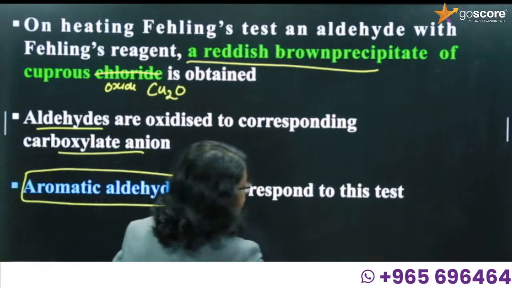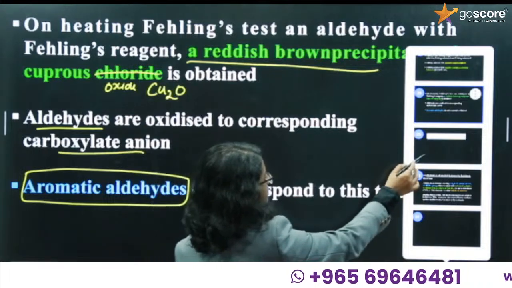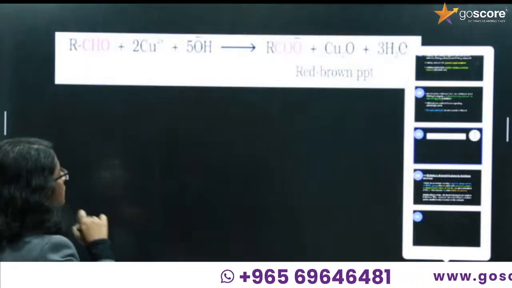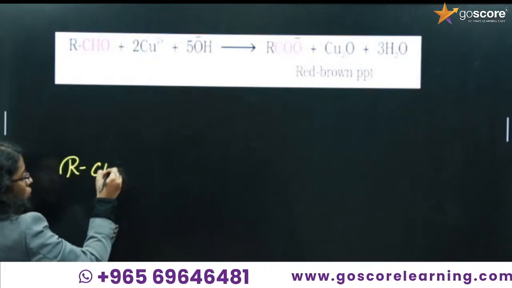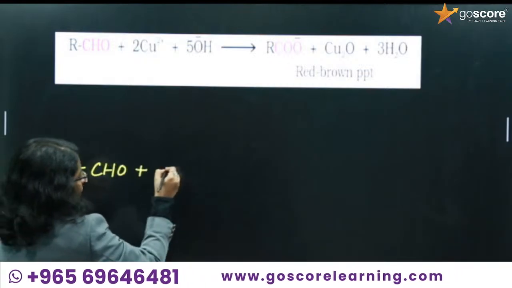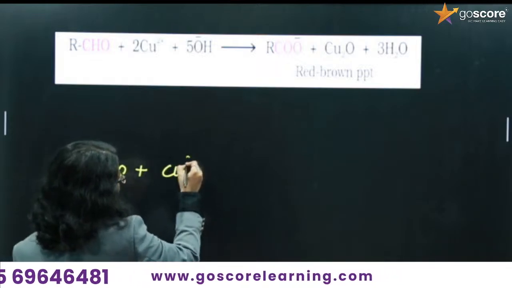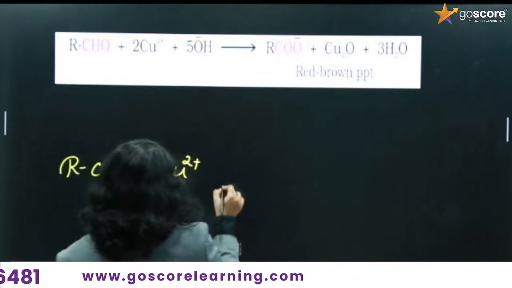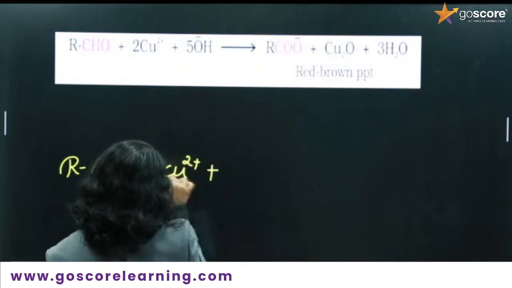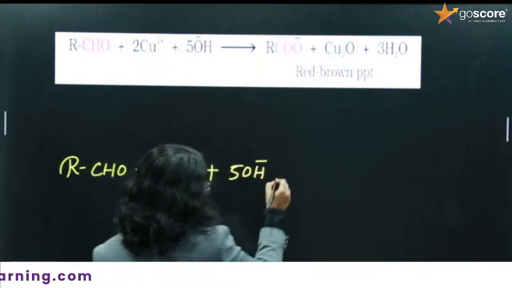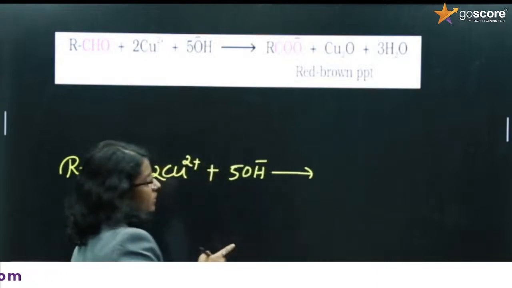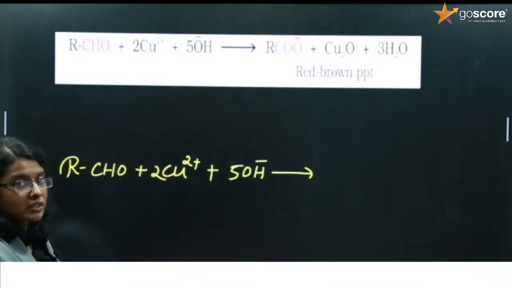So the reaction will be, I will write here RCHO reacting with Cu2+ in the presence of a base. Both reactions are carried out in the presence of a base.